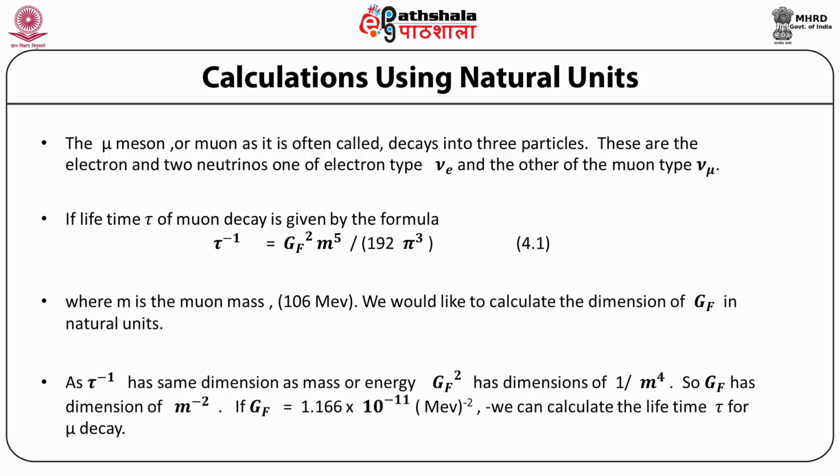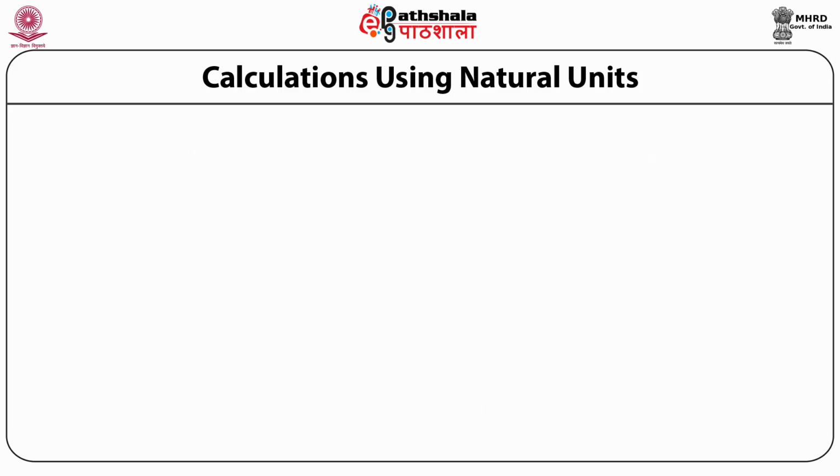As tau inverse has the same dimensions as mass or energy, gf squared has dimensions of 1 over m to the fourth, so gf has dimensions of m raised to the power minus 2. If gf is equal to 1.166 into 10 raised to the power minus 11 MeV raised to the power minus 2, we can calculate the lifetime tau for mu decay.